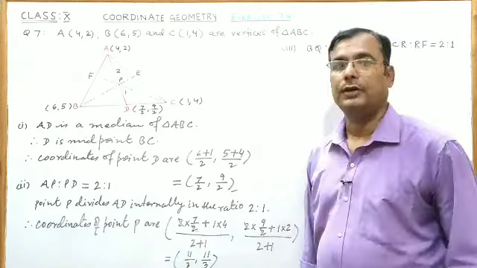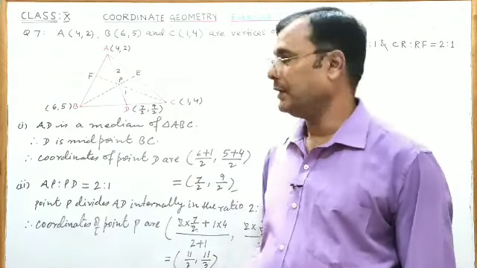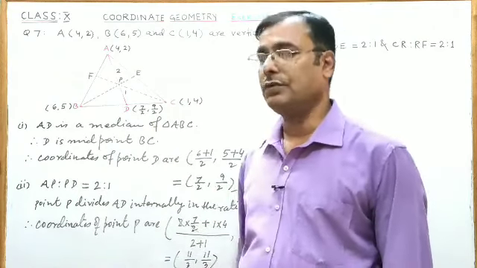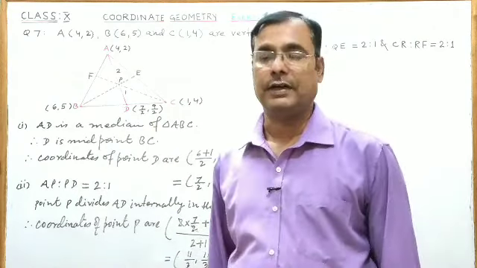Now third part. Find the coordinates of the points Q and R on the medians BE and CF respectively, such that BQ is to QE is equal to 2:1 and CR is to RF also equal to 2:1.